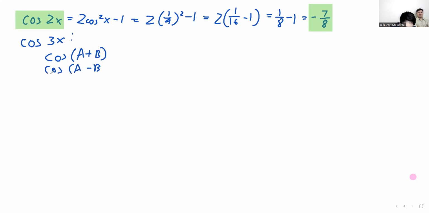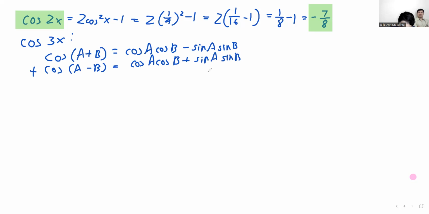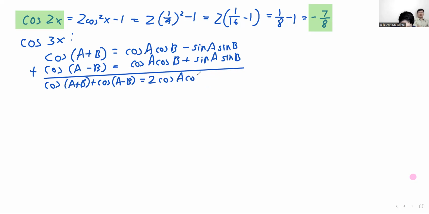Cos A minus B. Let's put it here, and cos A plus B. As you might have guessed, the outcome of this is cos(A plus B) plus cos(A minus B) is equal to 2 cosine A cosine B, while the sines are cancelled.